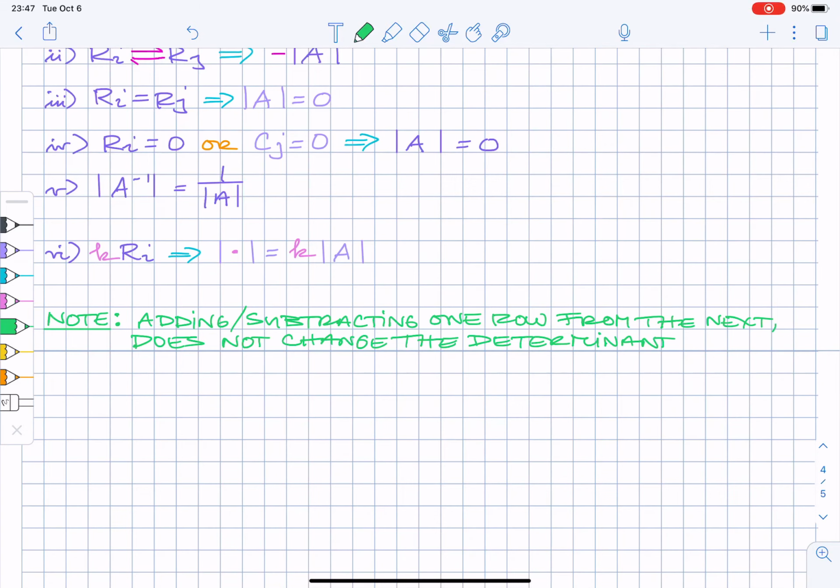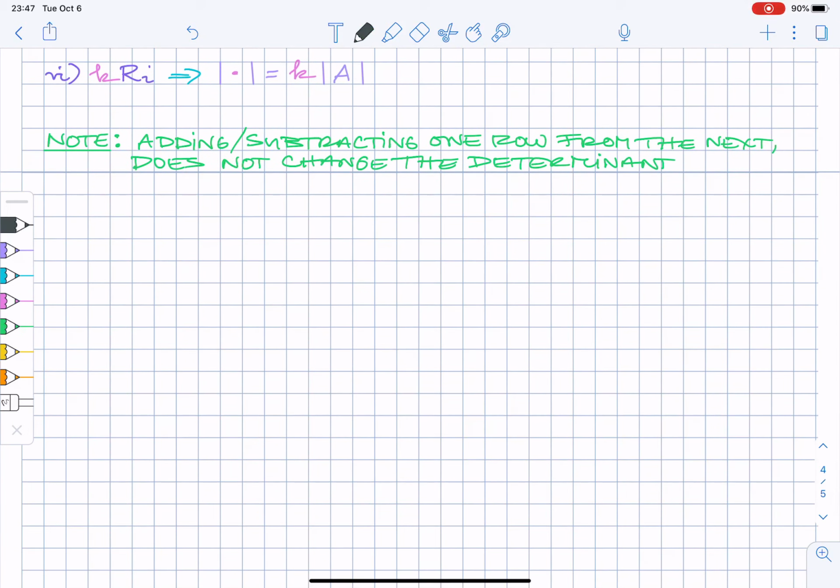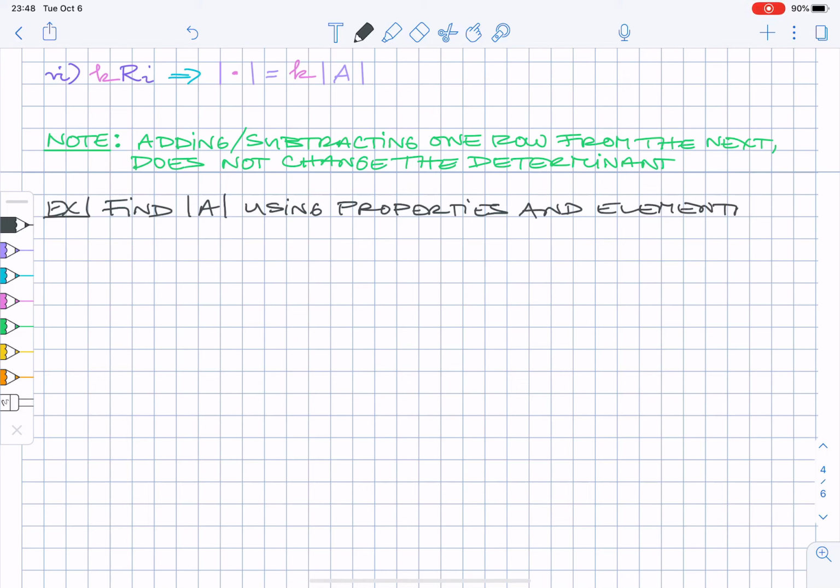So for example, let's find the determinant of A using properties and elementary row operations.